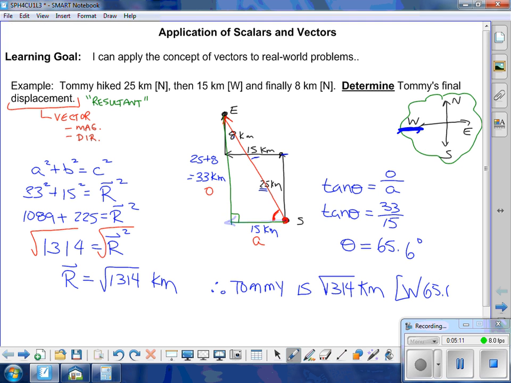Then we turn 65.6 degrees toward the north, and we start heading north. So we went west, and then we went north. And that's it. That will give you Tommy's location after he has traveled in those three directions. So we're just adding those vectors together. And the difference from yesterday compared to today is that you just don't have a grid.